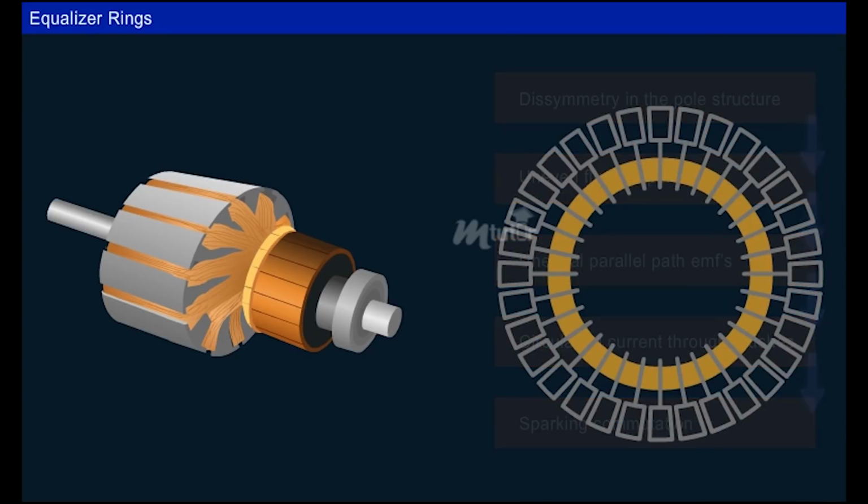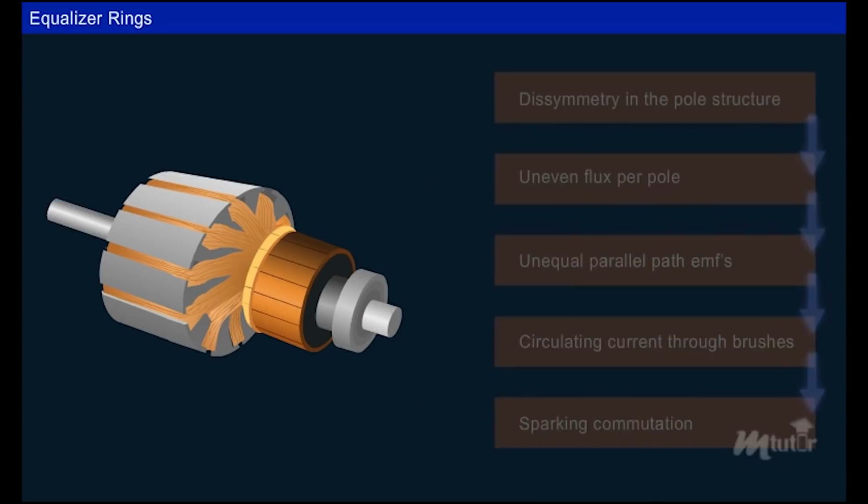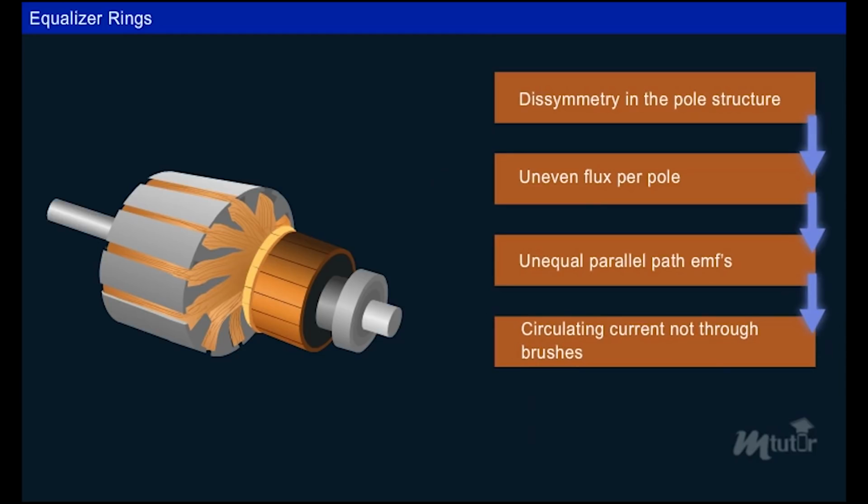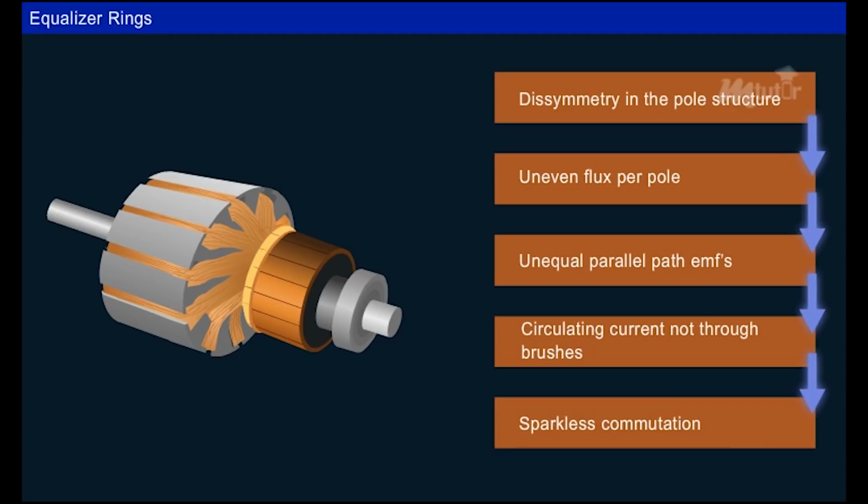Hence, equalizer rings are used to avoid such overheating and sparking. Equalizer rings route the circulating current through the coil itself and help in producing equal EMF in the parallel paths, thus resulting in sparkless commutation.